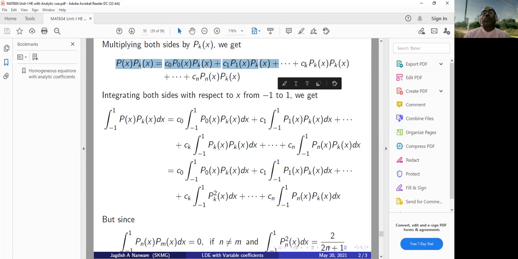C0, C1, C2, Cn are constants, so we can take them outside the integral, right? C0 into this first term plus C1 into the second term, and so on. We have all terms. And now here we use the first example and the second example to find the value of this integral. So here we know that the first example says if we have Legendre polynomials of different degree, then the value of that integral is 0.